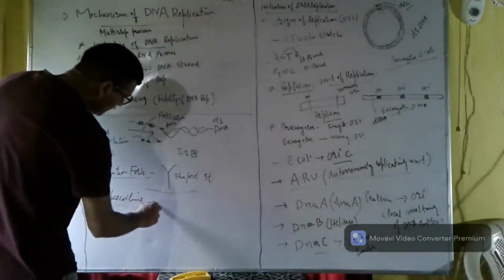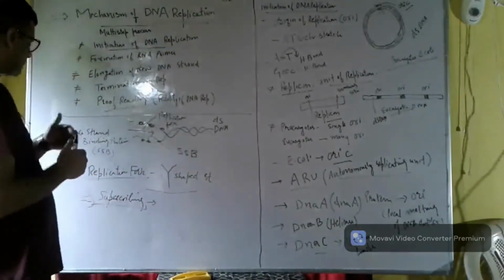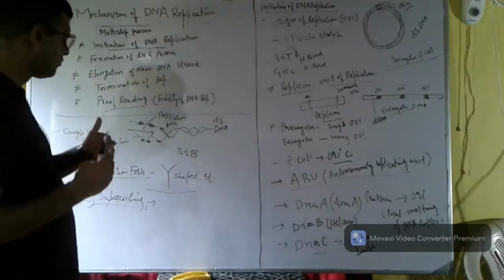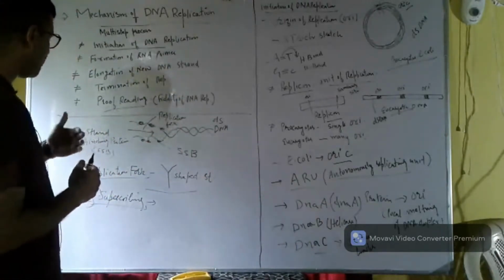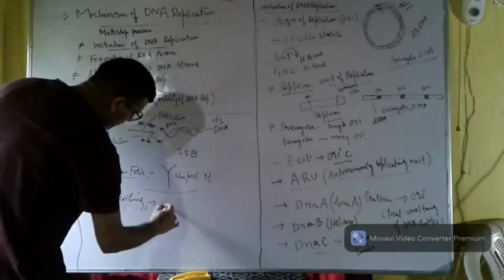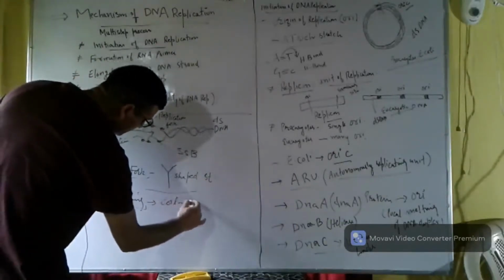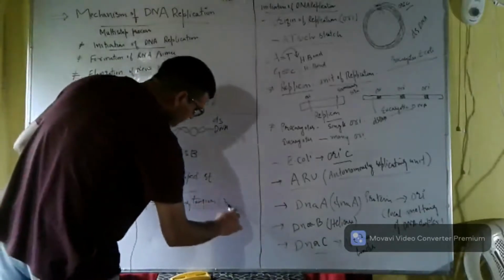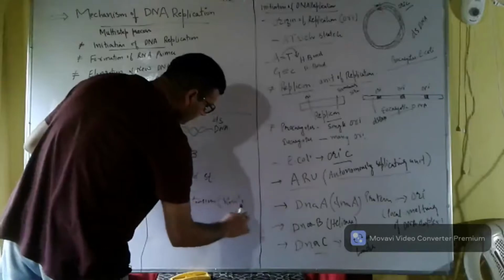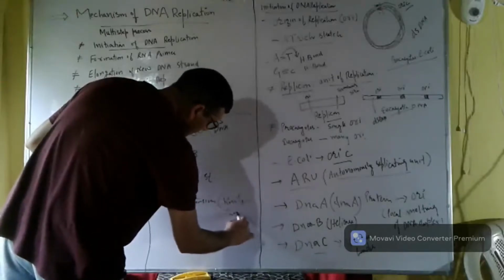What is supercoiling? Supercoiling is when the replication fork moves ahead and creates a coiling tension, in the form of knots and twists in the DNA molecule.